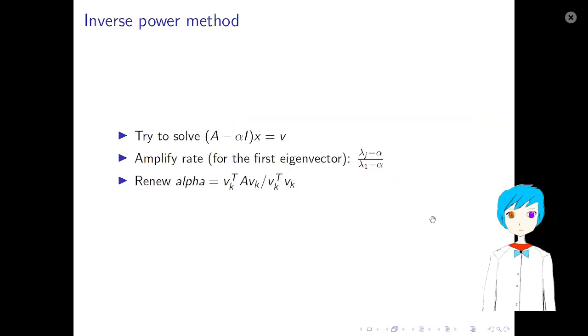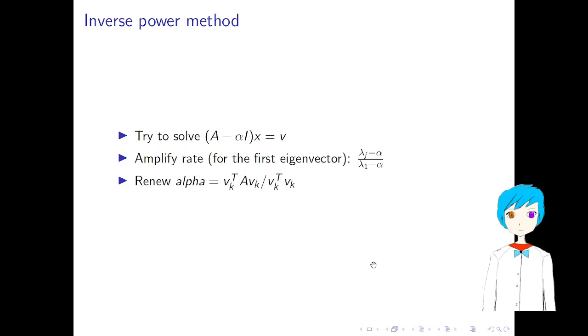We also discuss the inverse power method. Usually, the inverse power method is much more efficient than the power method. Here, we are trying to solve (A minus alpha I) x equals v, and we take the solution x to be the next v. In this way, the amplification rate is (lambda_j minus alpha) over (lambda_1 minus alpha) for any other eigenvalue lambda_j.